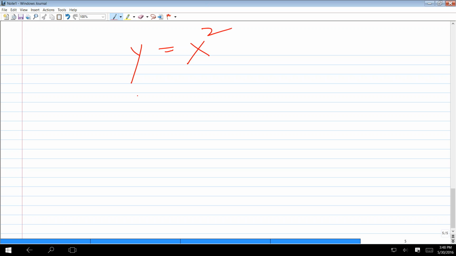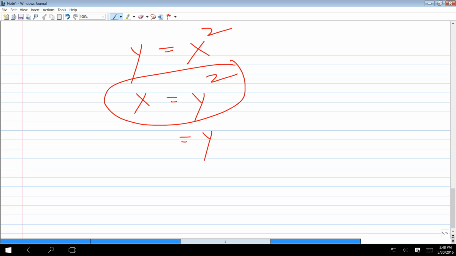Well, if I switch the variables, I get x equals y squared. And now solve for y. What's y equal to? How do I solve that for y? Square root x. Yeah. That's the inverse.